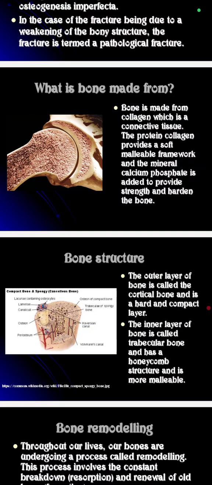Before we go advanced into fracture or pathology, we have to analyze what the bone is made up of. Collagen, the connective tissue protein, provides a soft, malleable framework. Mineral calcium phosphate is added to provide strength and harden the bone.